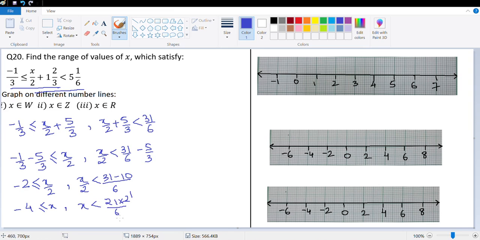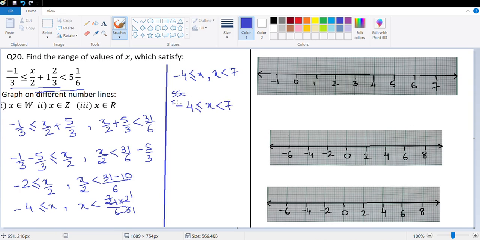So this is 21 times 2 is 42, divided by 6 is 7. This is 42 divided by 6, which is 7. So x is less than 7. If I combine these two, then my solution set is negative 4 less than or equal to x less than 7. So that's my solution set.